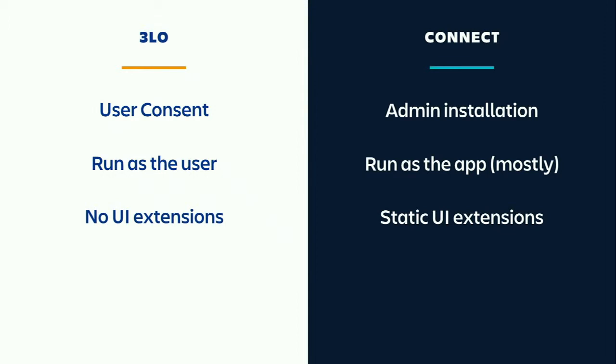TRILO doesn't have any way to extend the UI, so you can't add things to Jira. You might be able to one day. It would be possible in theory, but we don't have that yet. In Connect, you can specify extensions in the app descriptor, but that's static. So you have to know beforehand what kind of extensions you want to add.